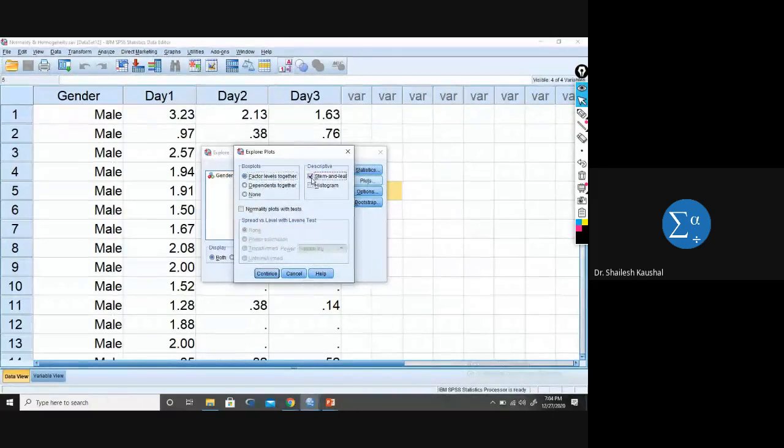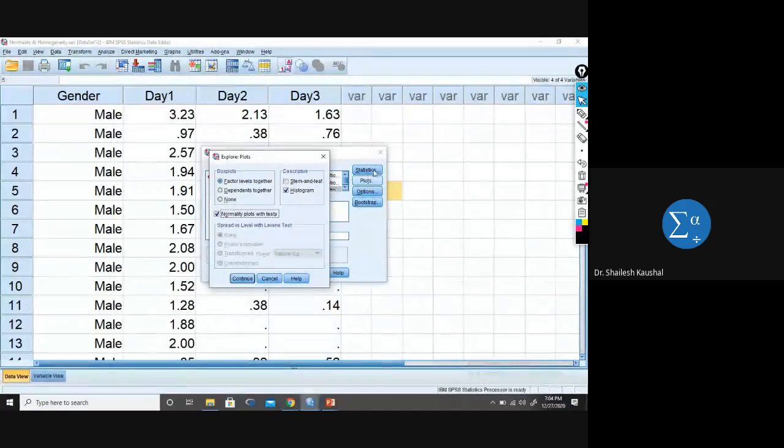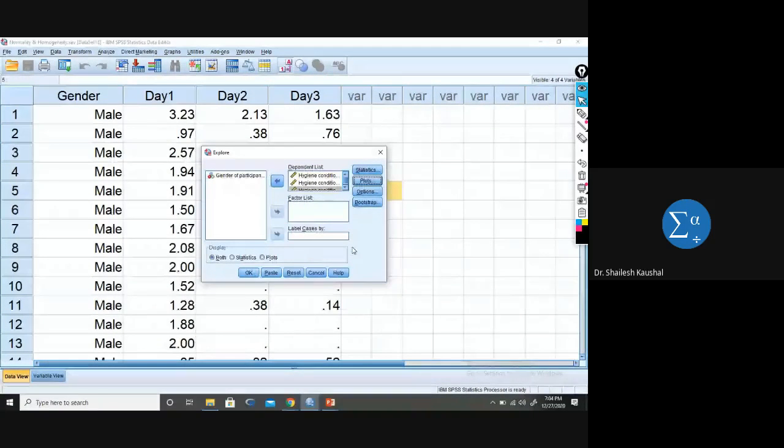Here we can see histogram and normality plots. The skewness and kurtosis we will get from these statistics, the histogram means graphical display we will get from this tick, and the normality KS test we will get from normality plots with tests. So continue and then okay.